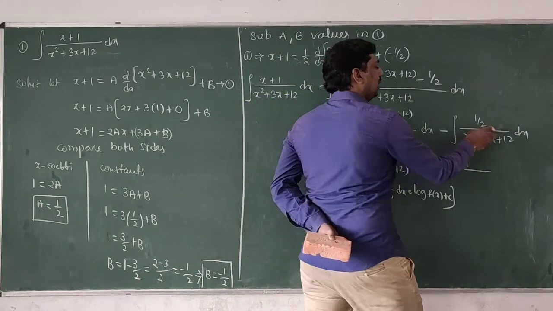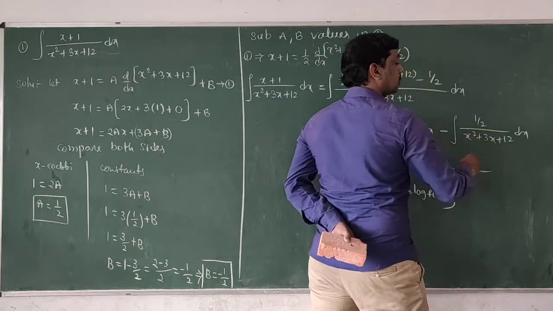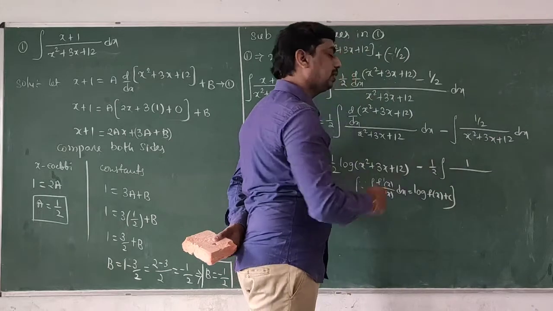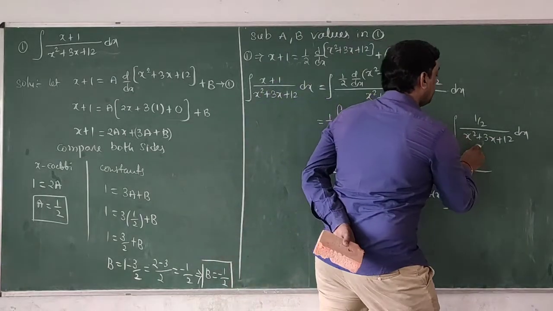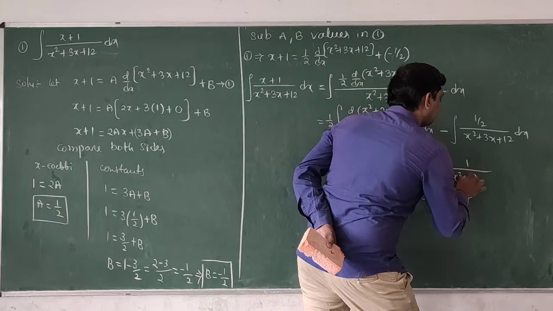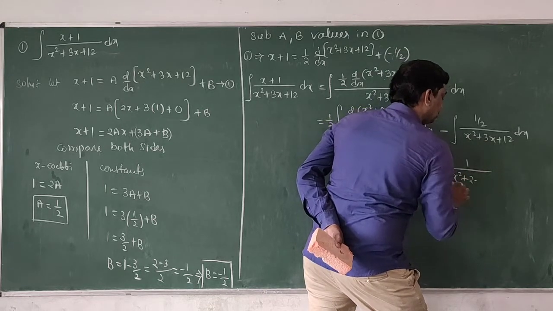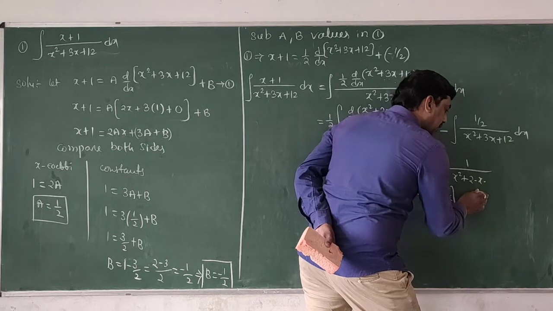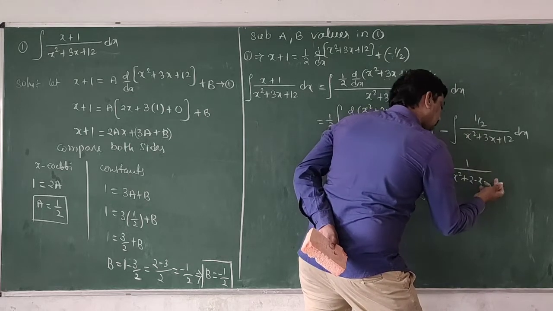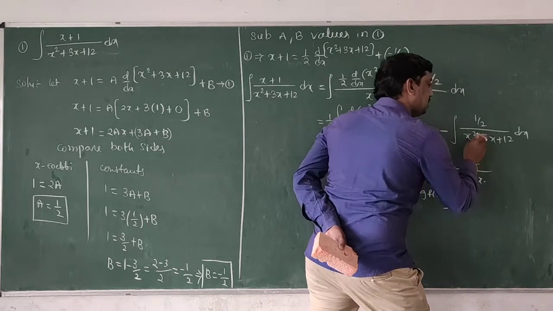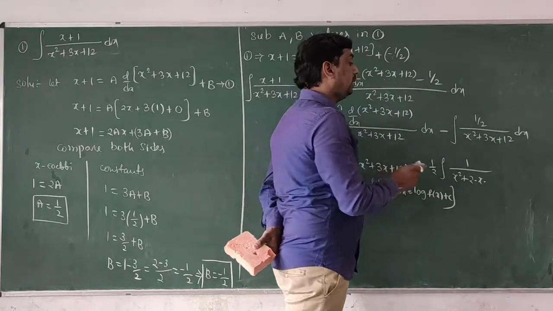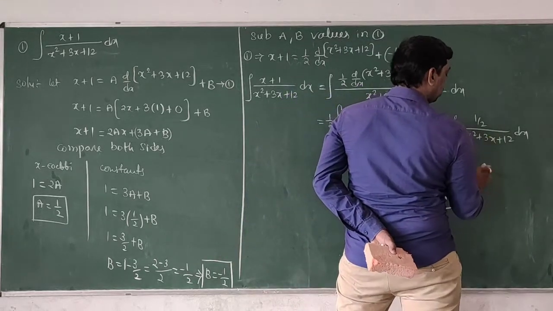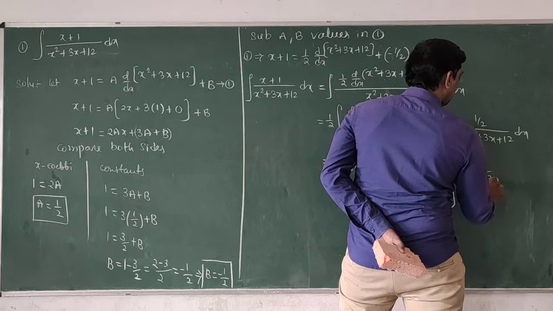So directly, no need to take x square plus 3x plus 12 separately, continue the problem with it. In a square plus 2ab, 2 into a means x, but there is no b here. The total simplification is equal to 3x, so which value should we write to get the product 3x? It is 3 by 2.